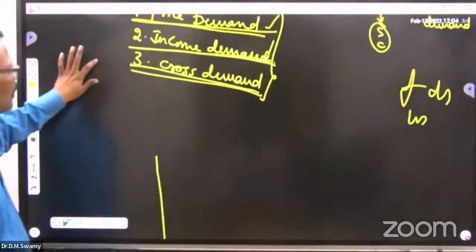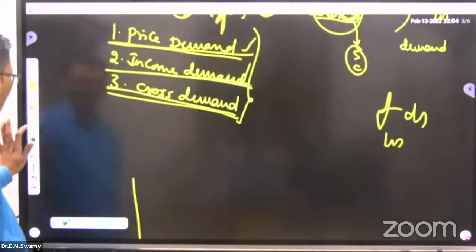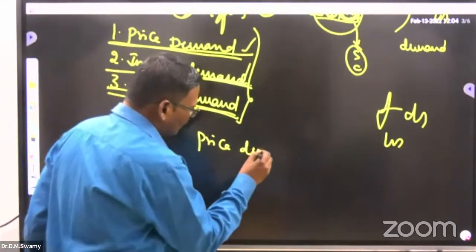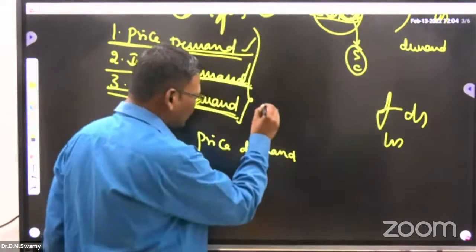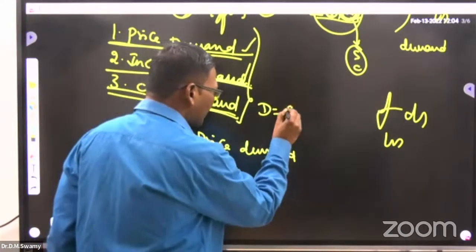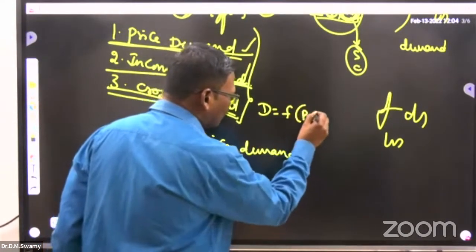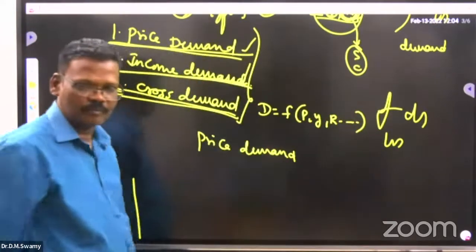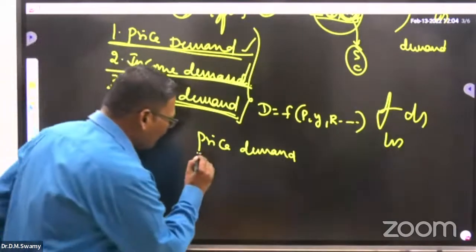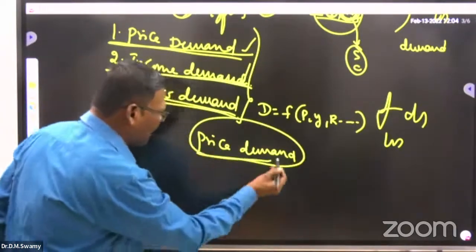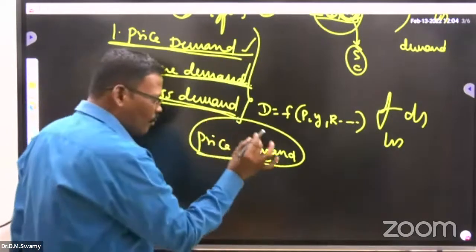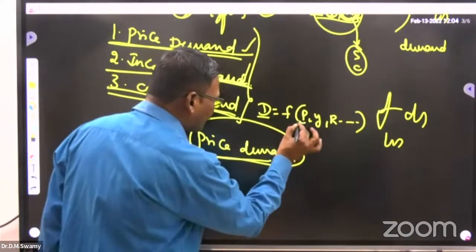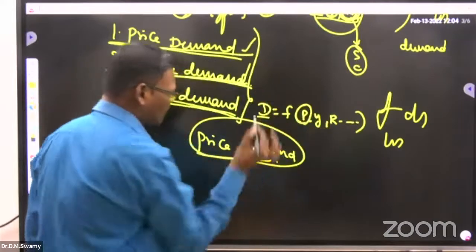Okay, here, see the price demand. What is the price demand? Demand is a function of price, income, and related commodities' price, etc. Whenever we talk about price demand, we discuss only the relationship between demand and the determining factor called price.